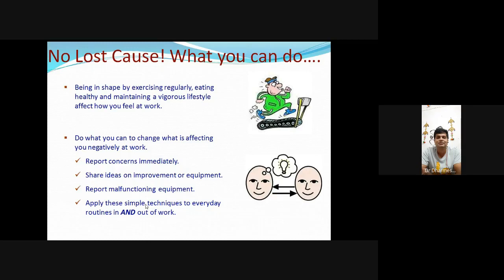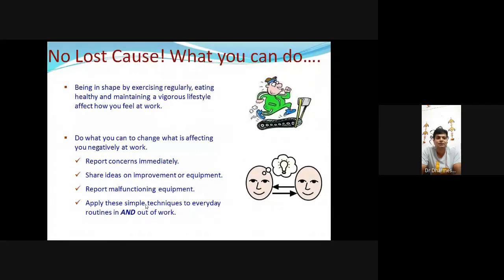Being in shape by exercising regularly, eating a healthy diet, and maintaining a vigorous lifestyle affects how you feel at work. That will keep you away from all this pain and anxiety. You just need a healthy lifestyle, healthy diet, and healthy exercise. So what can you do to change what is affecting you negatively at work?